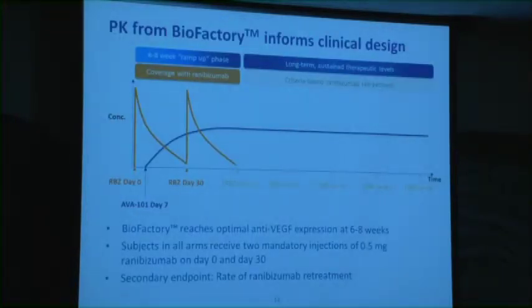And so basically, because it takes some time for the AAV to express the protein robustly, patients are given standard of care ranibizumab on day 0 and day 30. By the time they come back for day 60, you take away the Lucentis and ask whether the secreted protein can effectively limit vision loss and limit neovascularization without the presence of rescue therapy.